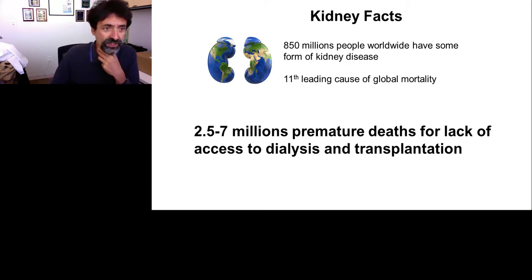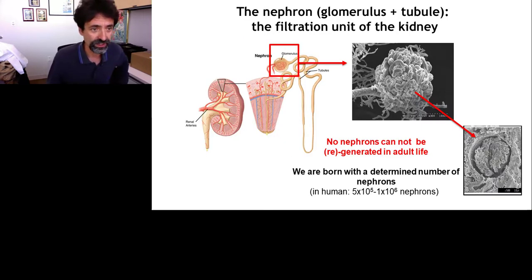So the functional unit of the kidney is called the nephron. There are about 1 million nephrons in adult kidneys, and they are composed of one portion that is called the glomerulus and another one that is called the tubule.